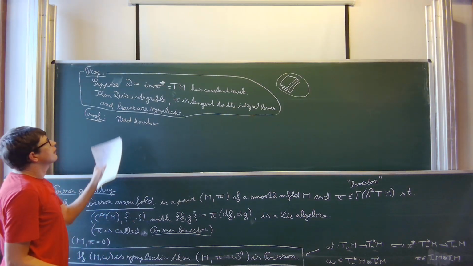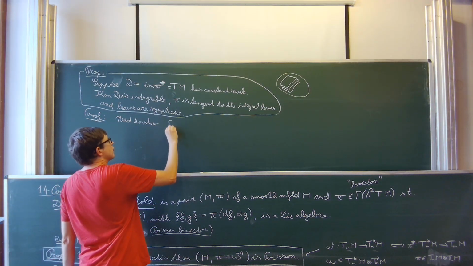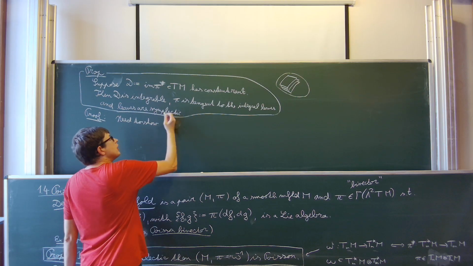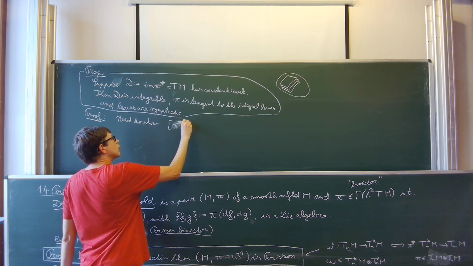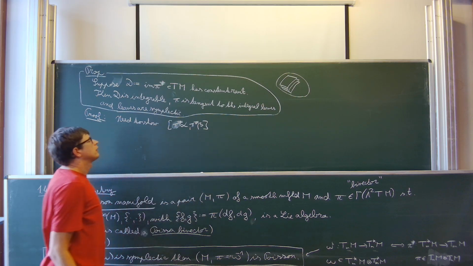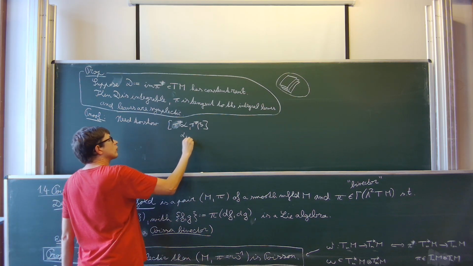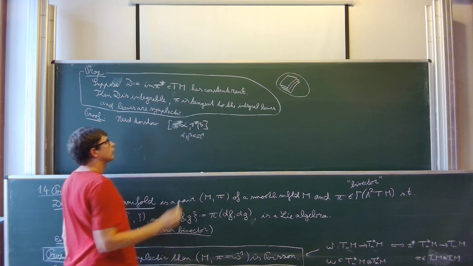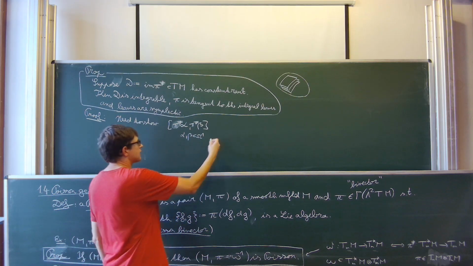Okay, so we need to show that we have something in the image of these things. So if we have a pi sharp of some alpha and a pi sharp of some beta, where alpha and beta are some one-forms, then we want that this thing is again in the distribution.